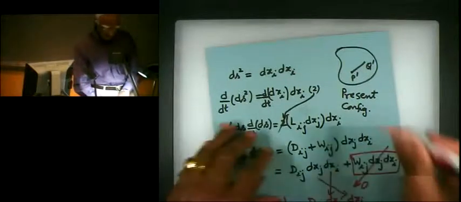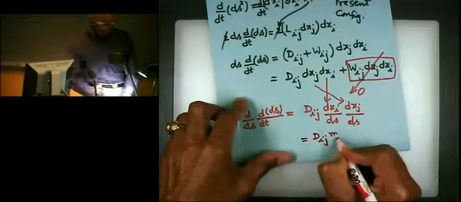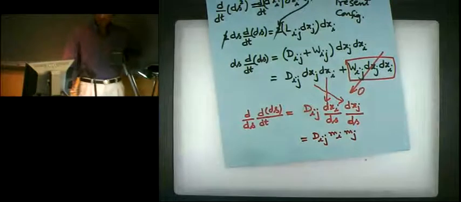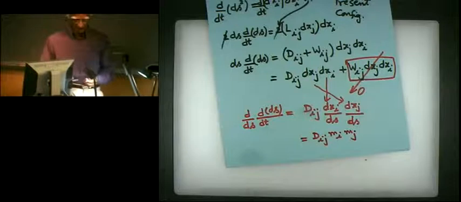So if we use m, m is a unit vector along P prime Q prime. Then this will equal Dij mi mj. On the right hand side, Dij mi mj is the sum of 9 terms. i goes from 1 to 3, j goes from 1 to 3.